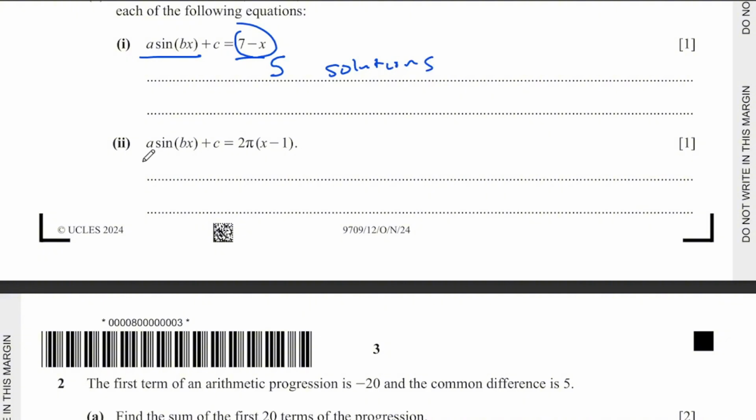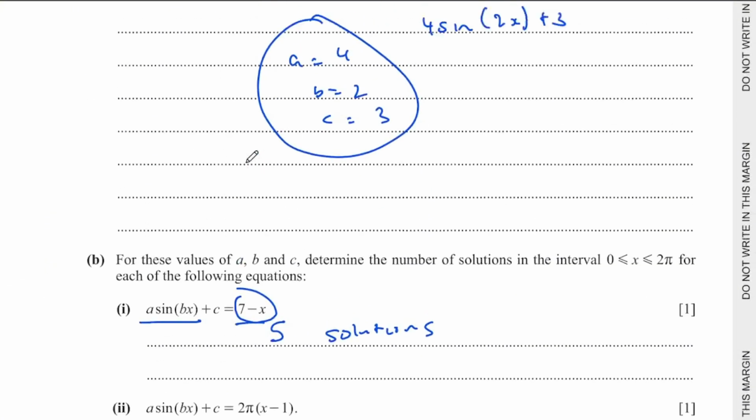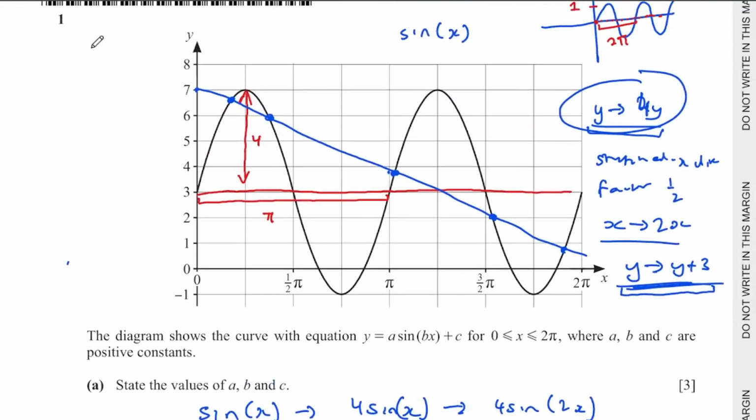And for this one, again, the same curve on the left, and now we just draw whatever's on the right. So 2 pi x minus 1, and we could draw that line now. Let me just get rid of these points.